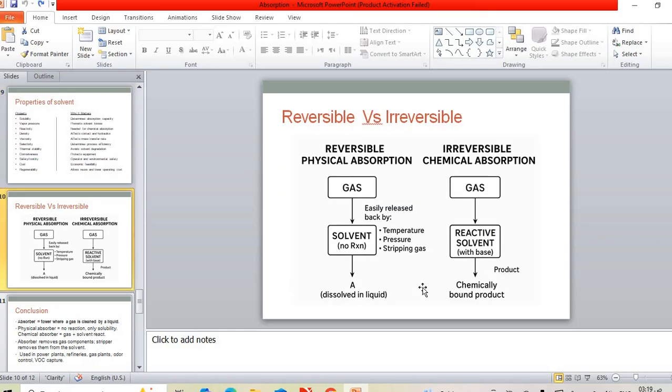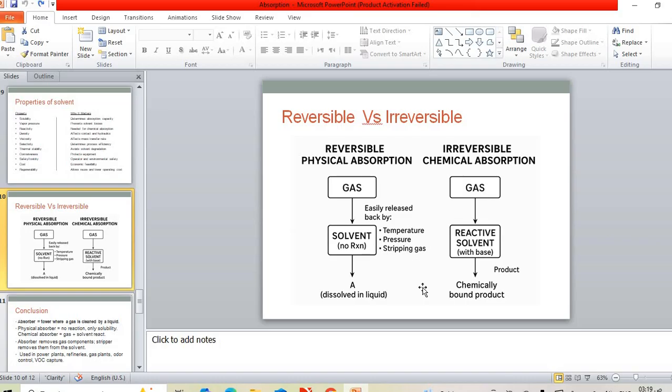This is a simple diagram: a reversible physical absorption and an irreversible chemical absorption. So gas goes to the solvent, no reaction, dissolving in the liquid. And here the gas is reacted with the solvent, is a chemically bound product, so there's no way to go back to the initial state.